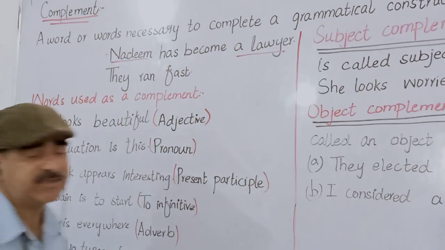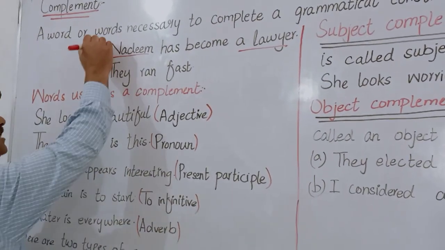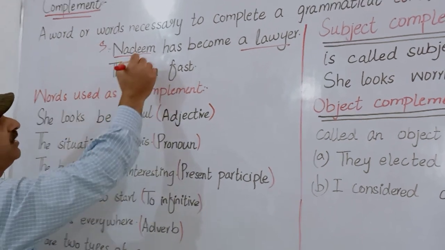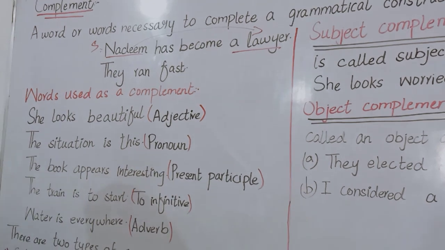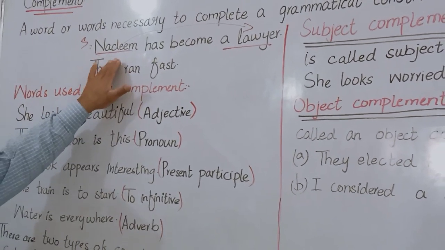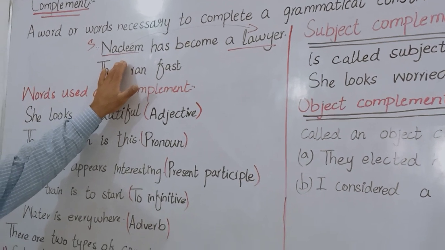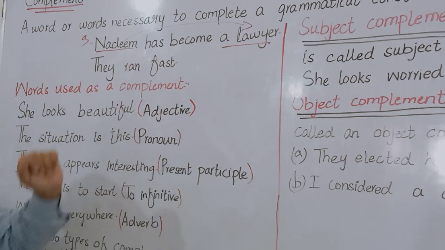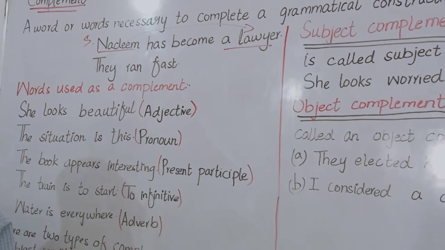In a general sense, we may call it a complement, but as Nadeem is a subject, that is the reason it is a subject complement, completing the subject. The moment we have set a subject for a sentence, we have to give a complete description of it: what the subject is doing, what the subject is.